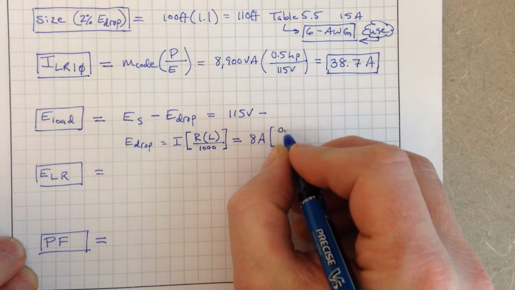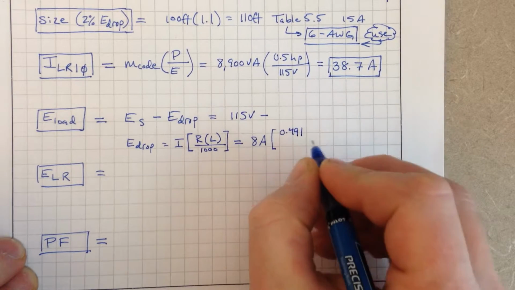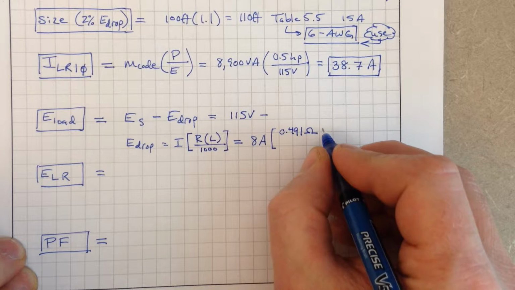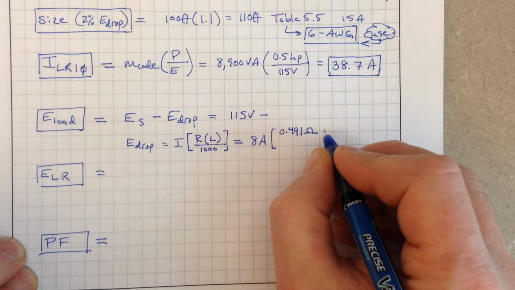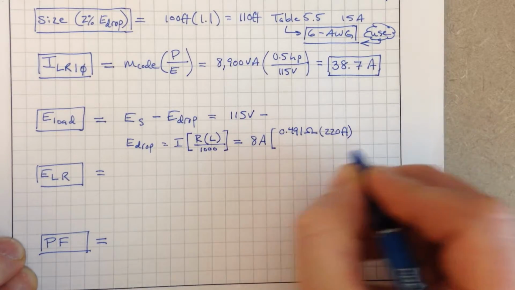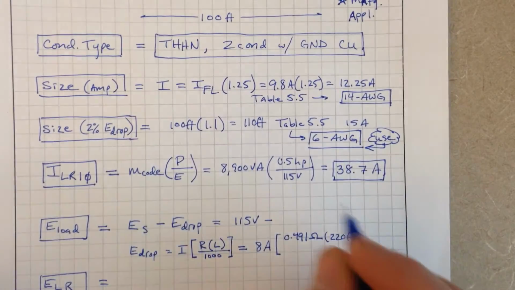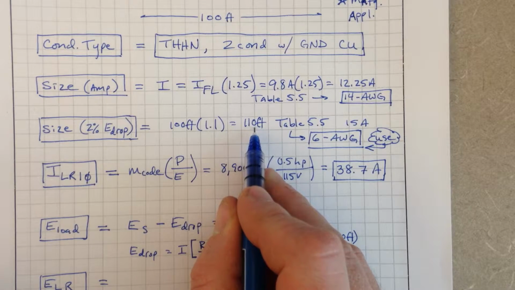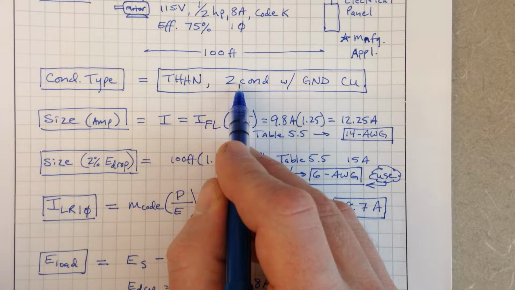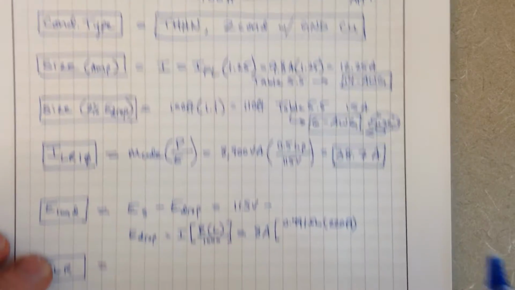We're going to multiply that by the resistance per 1,000 feet of 6 gauge copper. Okay, so that's 0.491 ohms times 220 feet. Why 220? Because it is 110 times 2, because I have 2 conductors, hot and neutral.